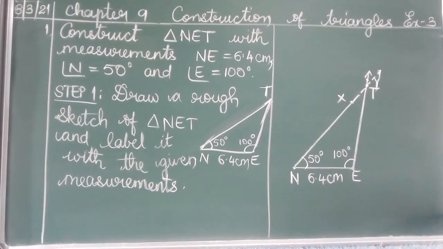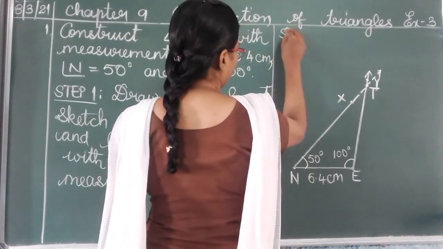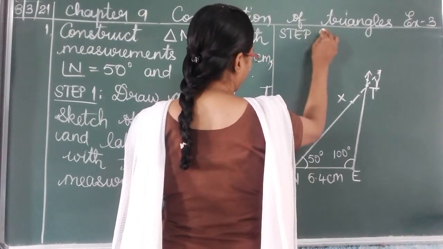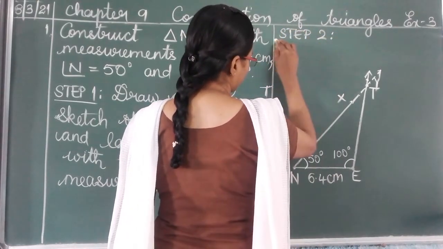So here we have written the given angles. Angle N is 50 degrees, angle E is 100 degrees. It is written in the figure. Now let us write the remaining construction steps. Step 2. What is step 2, children? What did we do? Yes.